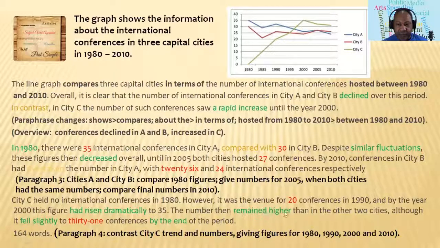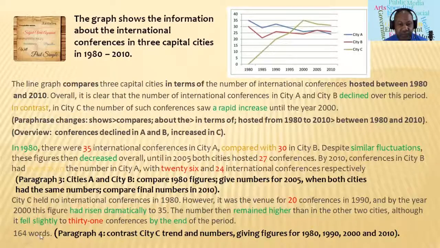The number then remained higher, that should be a comparison, than the other two, which is higher than A and B, although it fell slightly to 31 conferences by the end of the period, roughly 31.